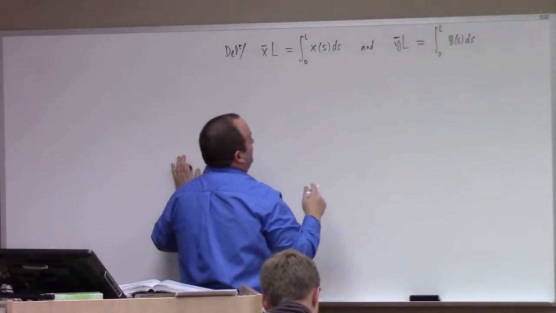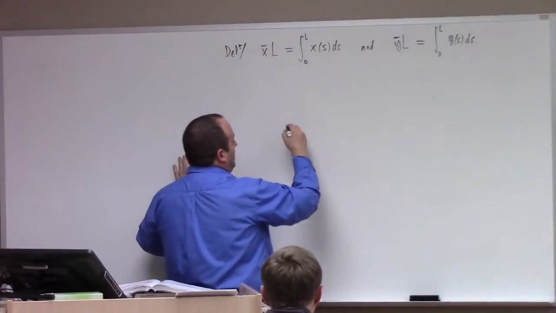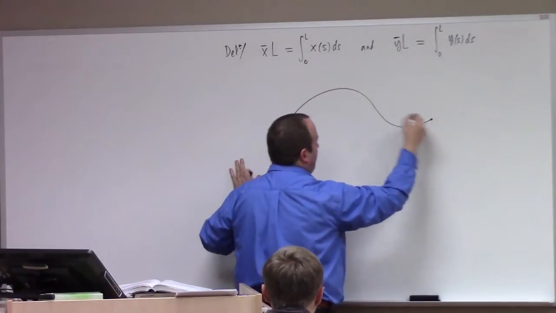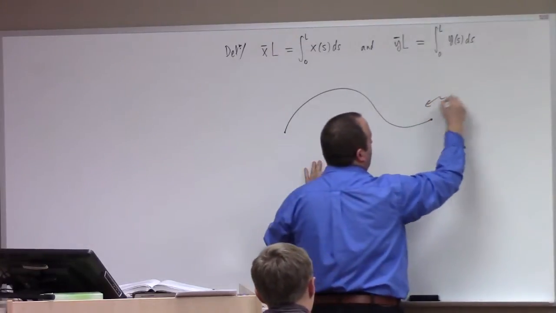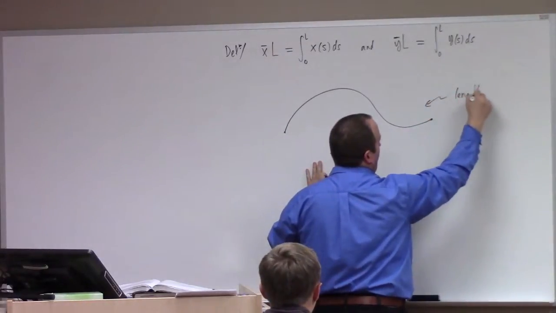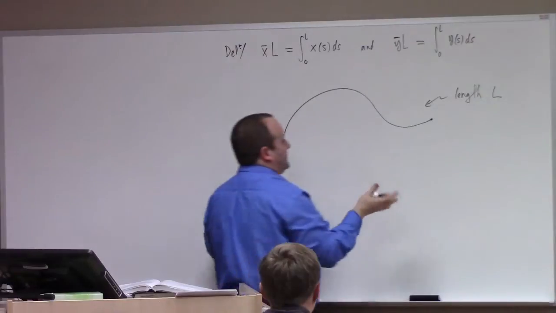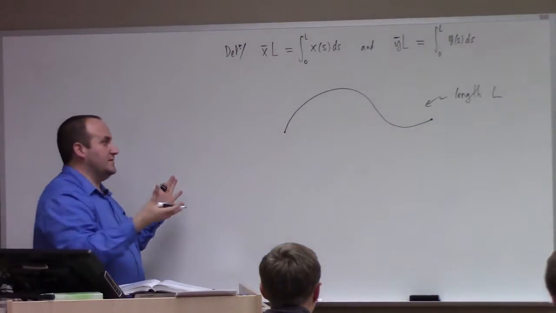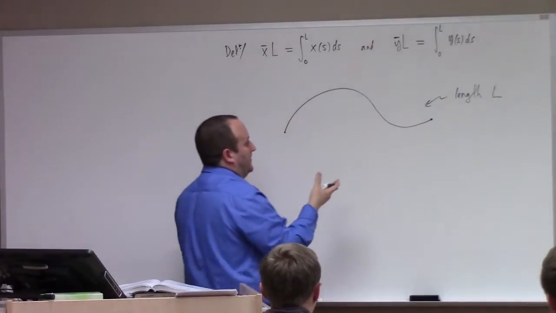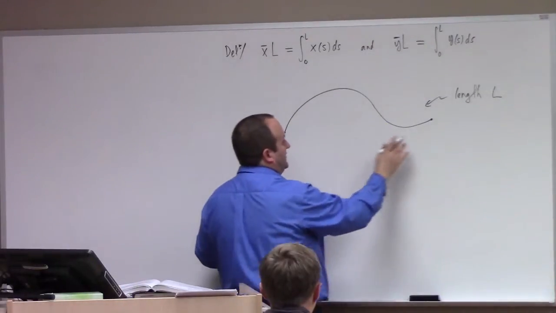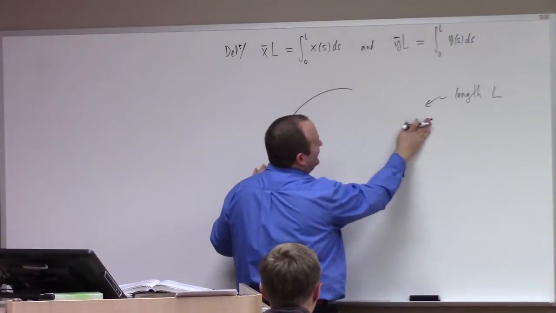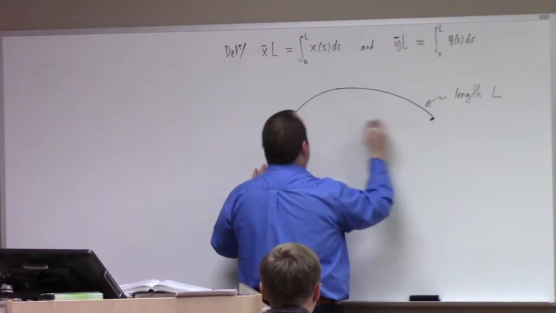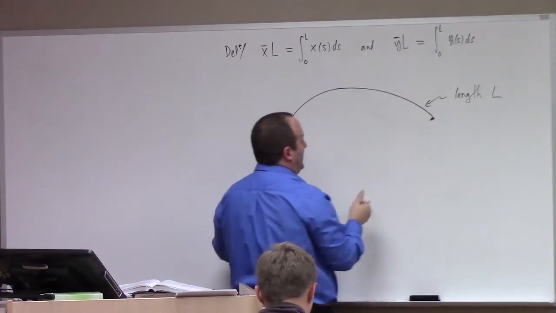So let me just try to tell you what we're doing here. We've got some curve, and it's got some length L, and what we're trying to do is to describe the geometric center of this. I made my example too hard for you to see. Let me fix it. So if it was something more like this, I would do better. Where is the center of this curve?